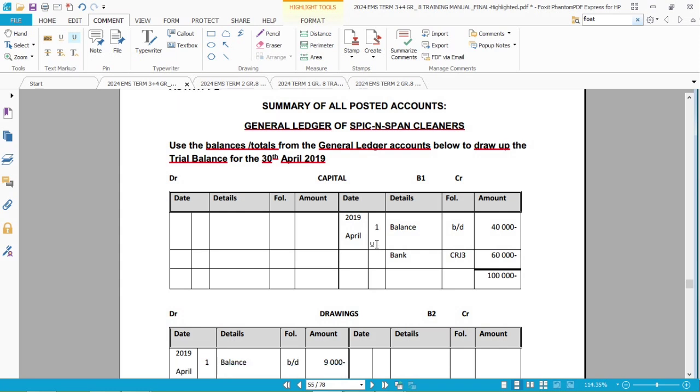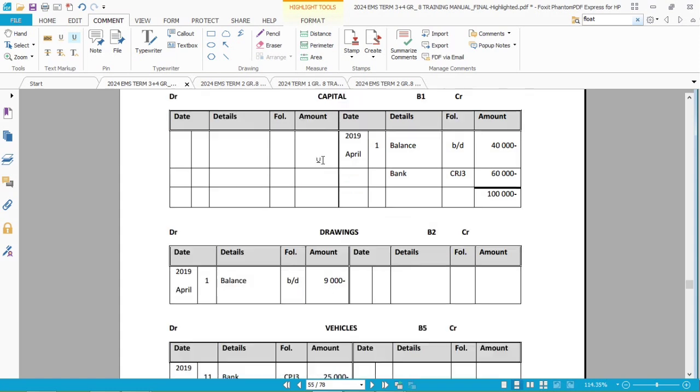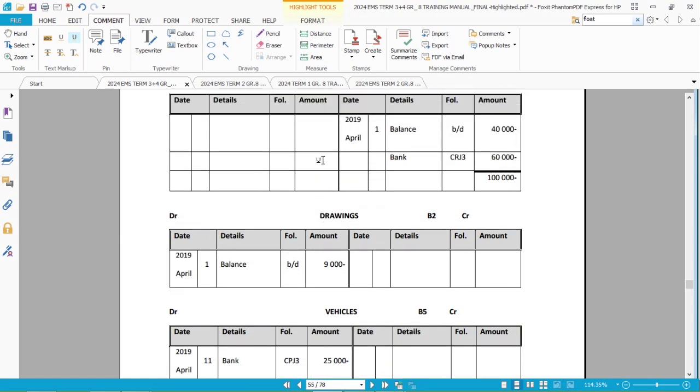This is an existing business because they already have a balance brought down from the previous month. A business that hasn't existed yet would only have a balance brought down on the 30th of April 2019, as with the examples I did in my previous videos on the general ledger. So on the 1st of the month they already have transactions.